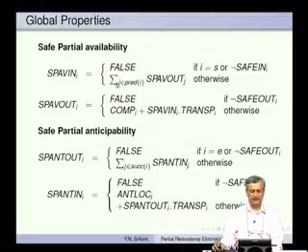And for other nodes, it is the OR operation over the predecessors j of the block I. Take the OR operation on the SPAVOUT values and that gives you SPAVIN.